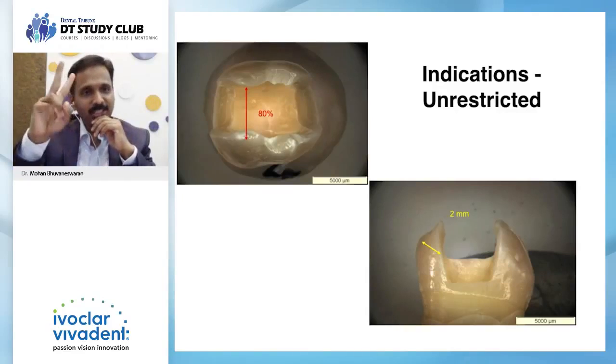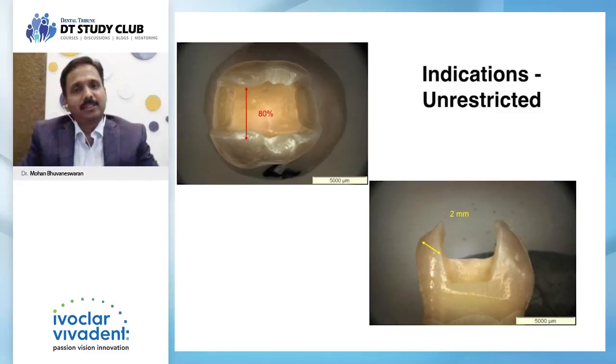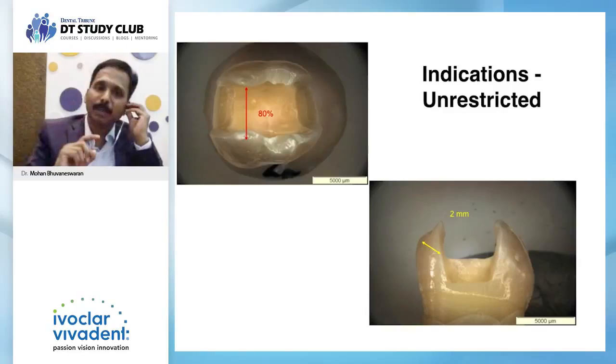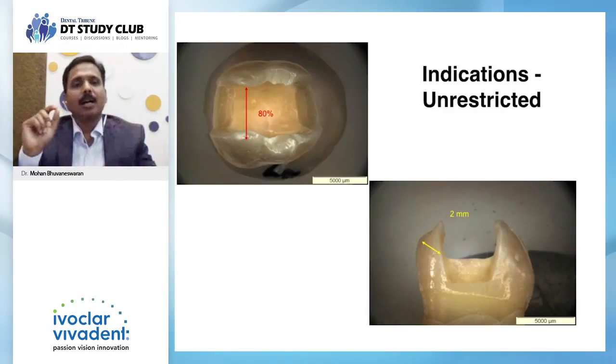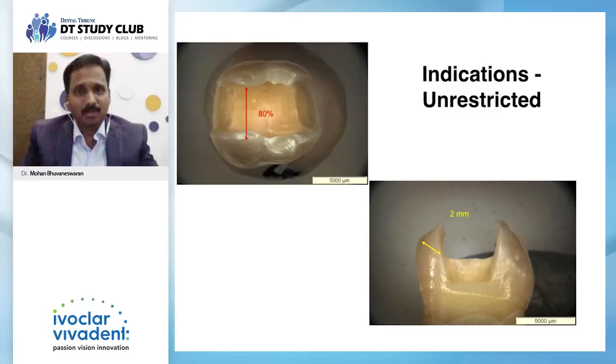So retention, resistance: 80% can be the width of the cavity. Wow, good. At the same time, at least 1.5 to 2 mm of your remaining tooth structure has to be there. If it is missing, then it directly goes for cusp capping. Please remember, indications would be, if you remember the first slide, unrestricted class 1, class 2.